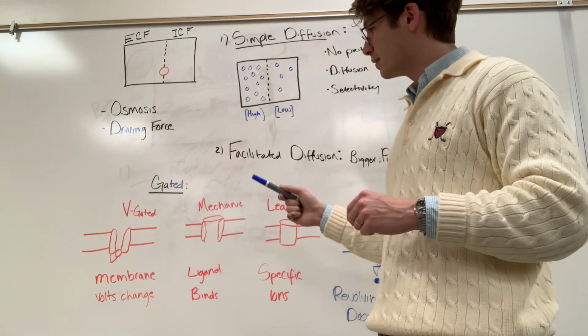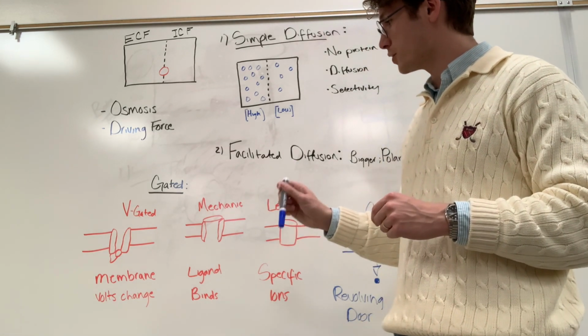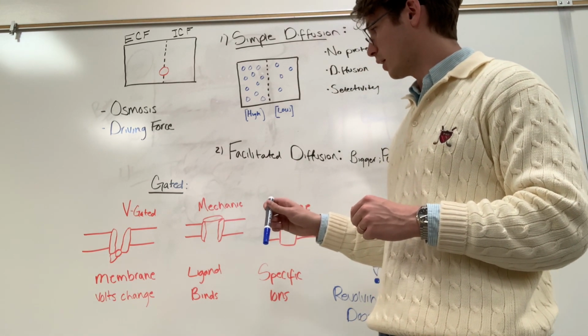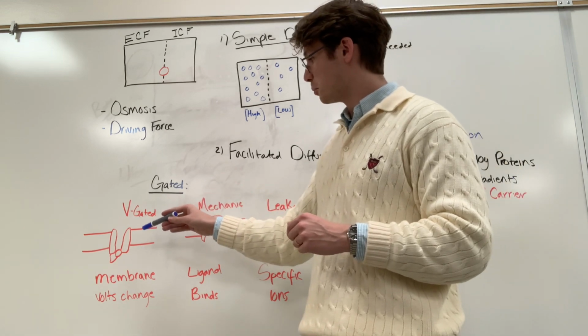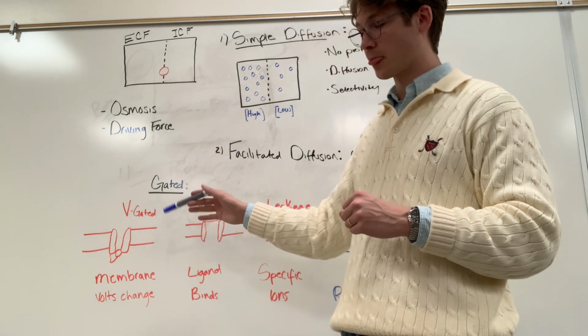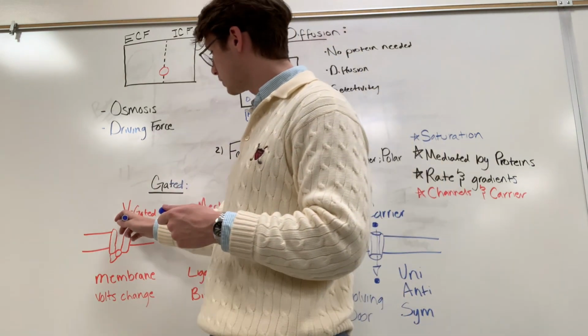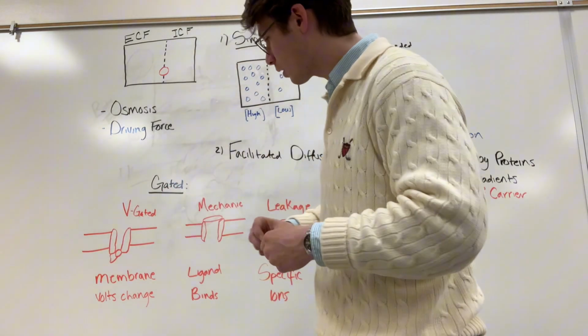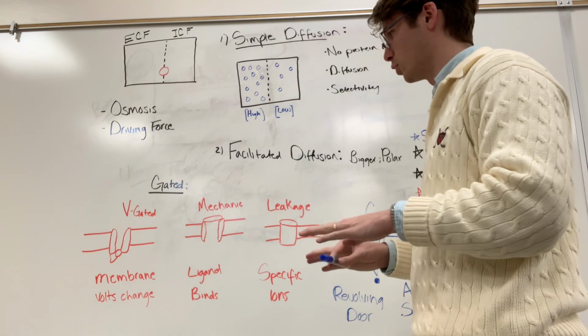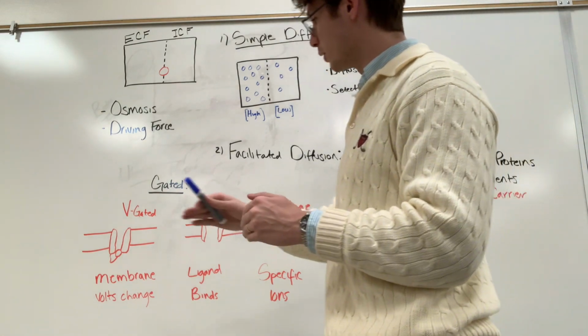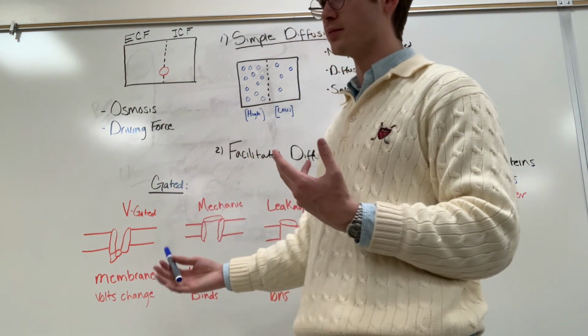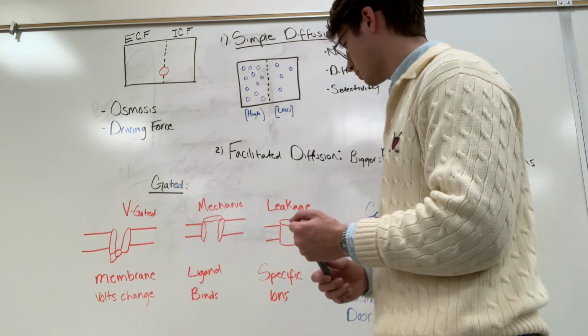When a cell membrane detects a certain voltage change, this voltage gate, depending on what it's specific to, will open, allowing what's outside to come in. So it's purely based off of voltage. And when it reaches the mark that it needs, it's going to open, and when it's done, it closes.